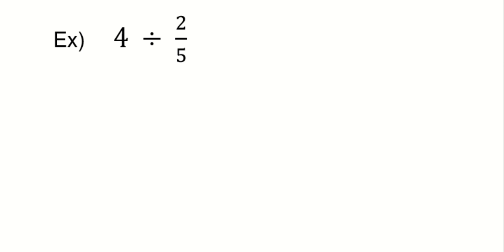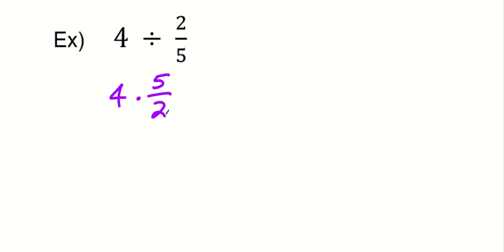4 divided by 2/5. Again, the very first thing you have to do is make this into multiplication. Dividing by a fraction is the same as multiplying by its reciprocal, or, can't believe I didn't say this already, or as I call it, refliprical. Get it? See what I did there? Yeah, okay. So 4 times 5 halves, or leave, change, flip.